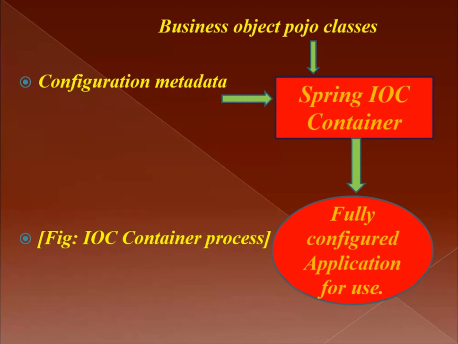We provide configuration metadata in the form of an XML file or annotations to the Spring IOC container. The POJO classes come to the IOC container, and it creates objects for the POJO classes configured with @Component or @Service, giving a fully configured application ready for use.